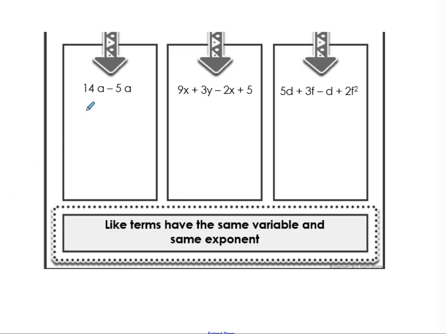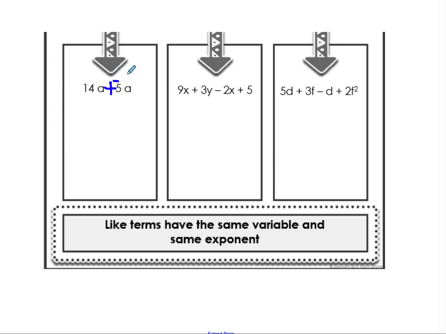All right, so 14a minus 5a. Now on this one, I have enough to take away, so I don't really have to do boom boom, but sometimes people just feel more comfortable always changing the subtraction to addition, so we'll go ahead and do that. Boom boom. 14a plus a negative 5a. So my a's are the thing. That's not going to change. I'm looking at the numbers in the front.